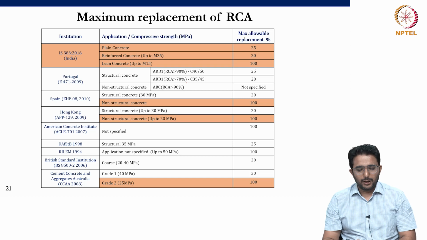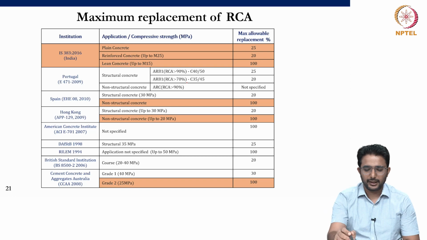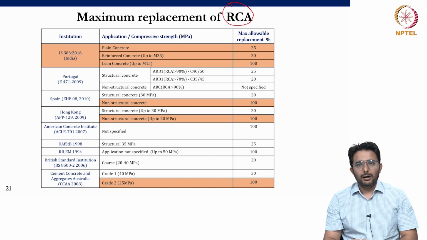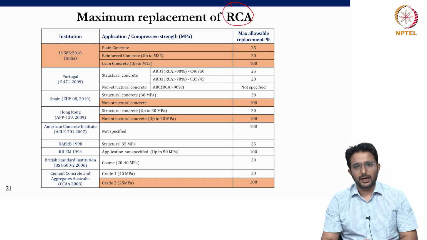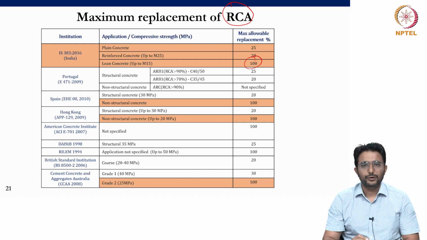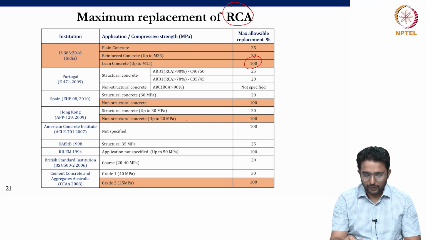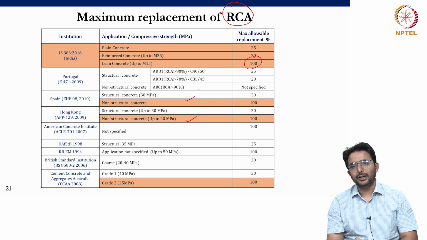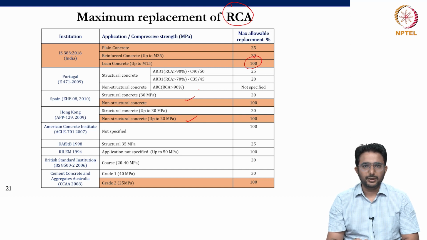So now coming to the point, initially we discussed that after 40 to 80 years we might not have a good supply of natural aggregates, so that's why we have to use recycled concrete aggregates. But if you see globally, there are different codal provisions wherein, although 100% replacement of the natural aggregate by recycled concrete aggregate is allowed, it is mostly for non-structural elements, not for the concrete structural system.